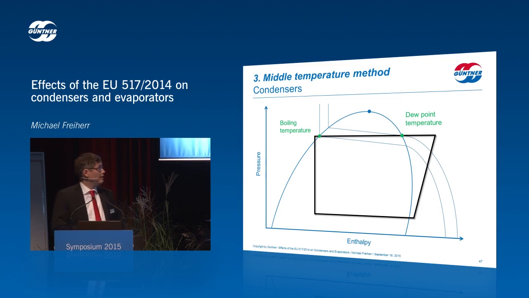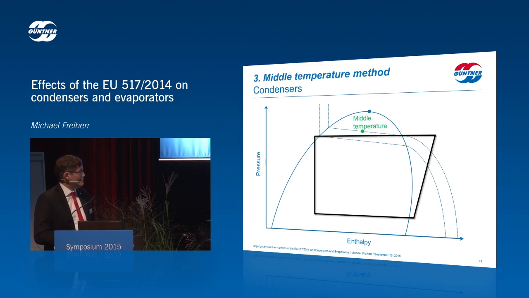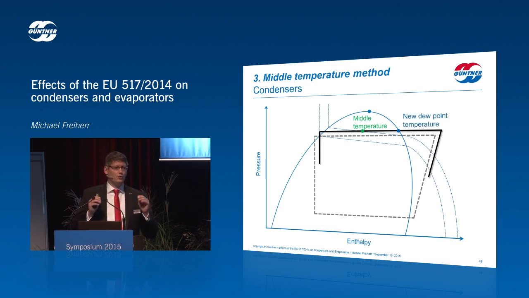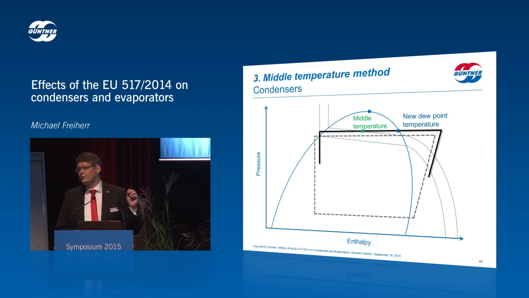In the halopedia diagram, we have the dew point temperature as condensation temperature, which we shift into the central area of the two-phase area. So we condense at slightly higher pressures. So the mean temperature is here 45 degrees. This would lead to a slightly different dew point temperature with 449A, 22 degrees, more or less.